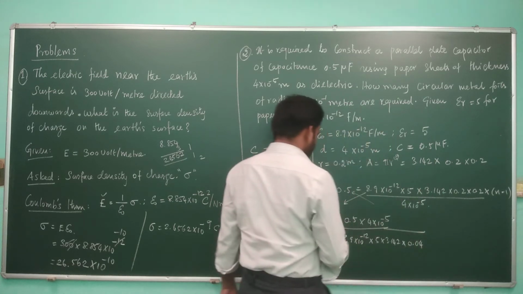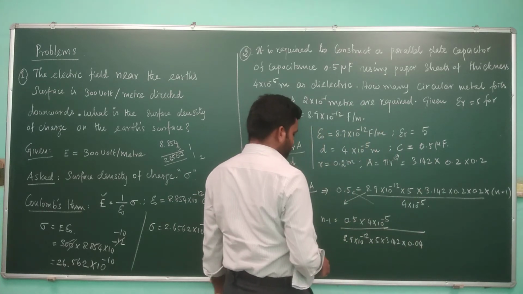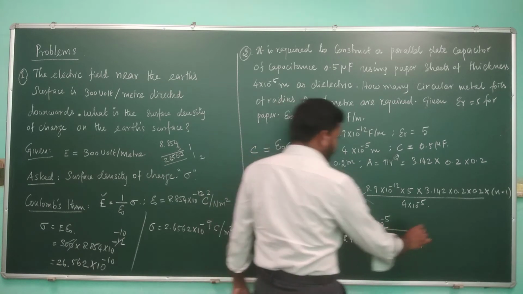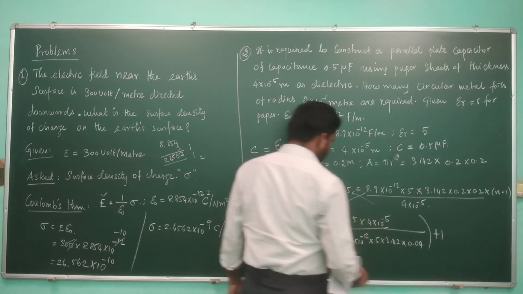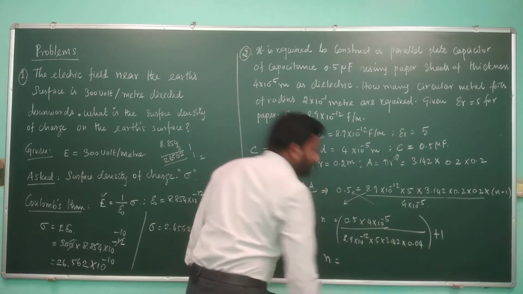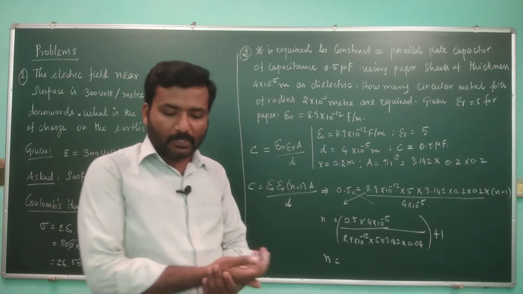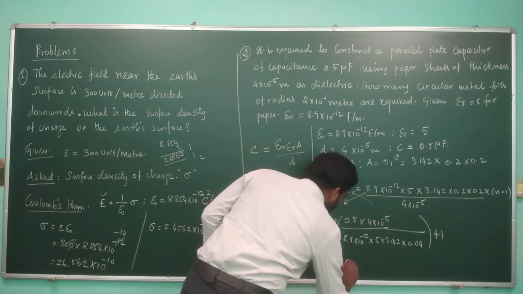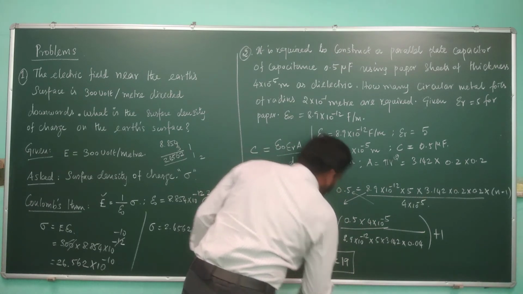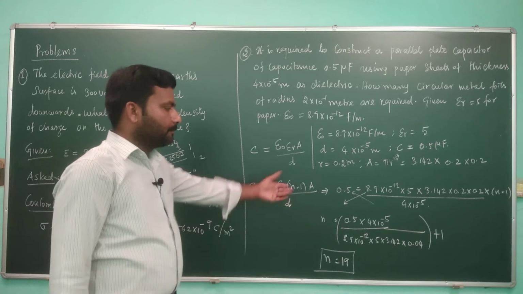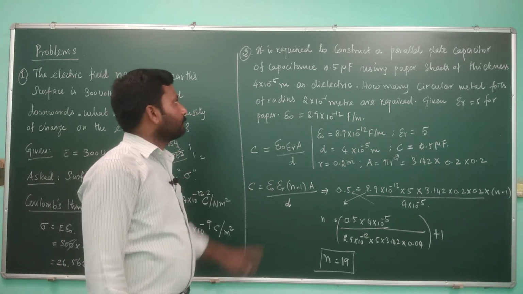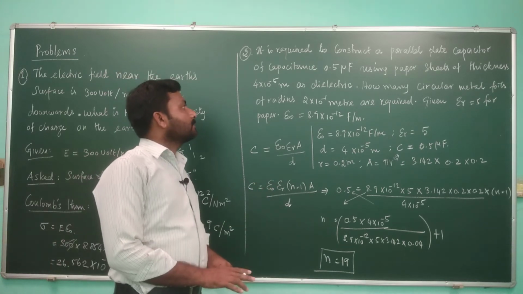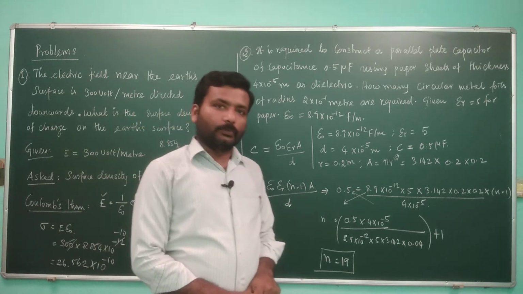Then you have to add plus 1, so this will give you n. After substituting that, if you calculate this equation, it will end up with 19. So please check with that. This is how we can solve problem number 2.